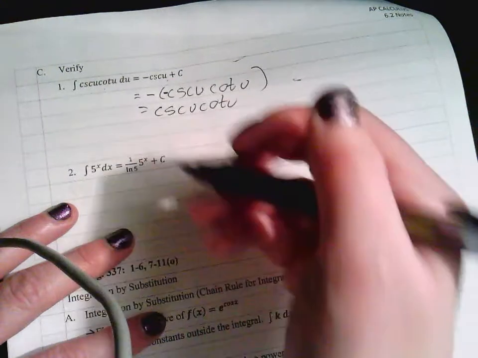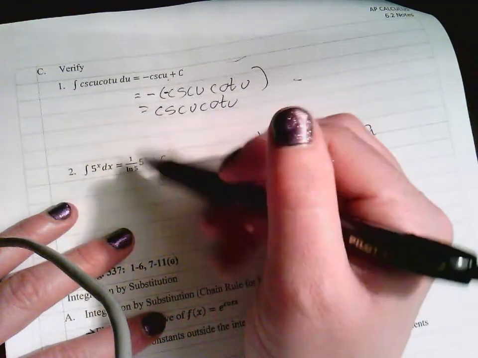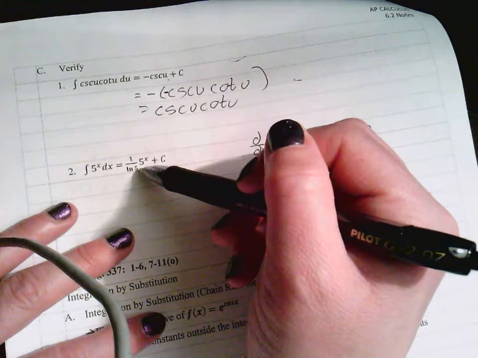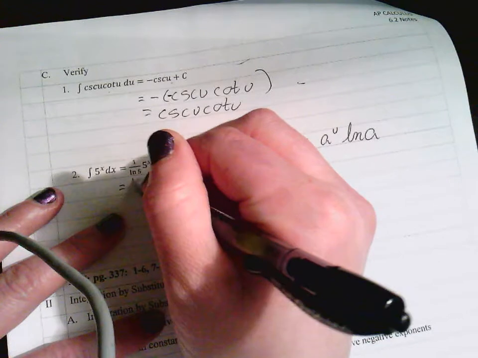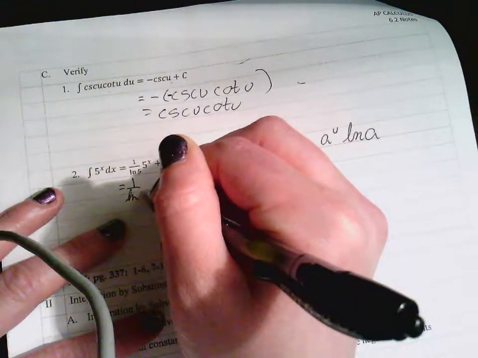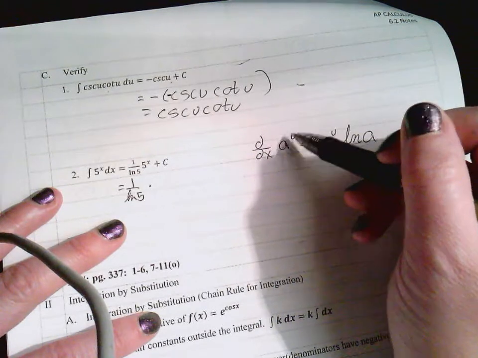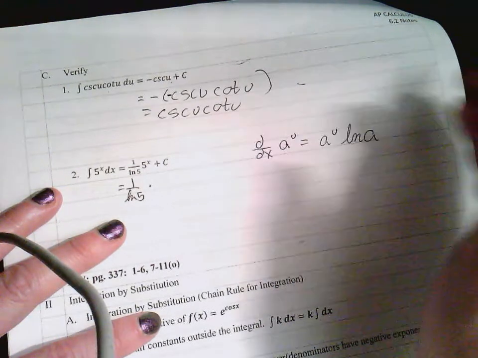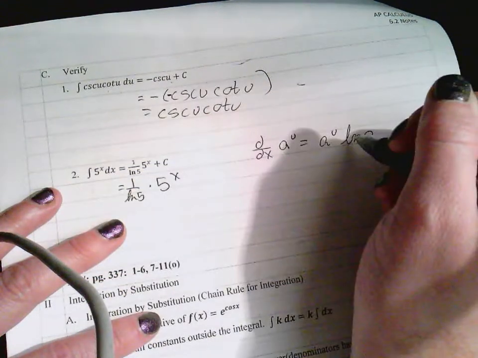So let's look at it like this. So we have 1 over ln of 5 times 5 to the x. Well, 1 over ln of 5 is a constant, so you don't look at that. You're looking at this. So a to the u, so 5 to the x times ln of 5.